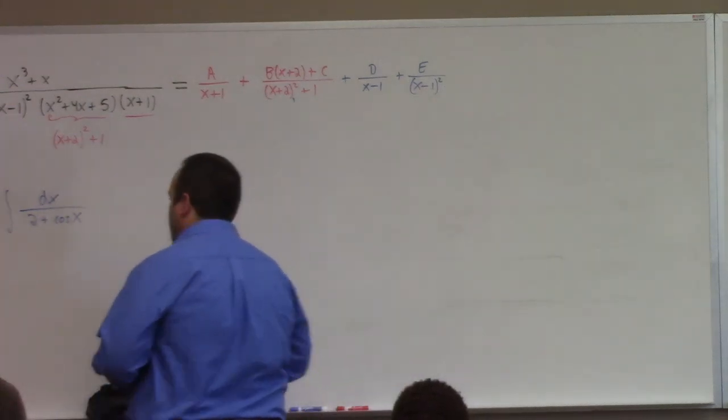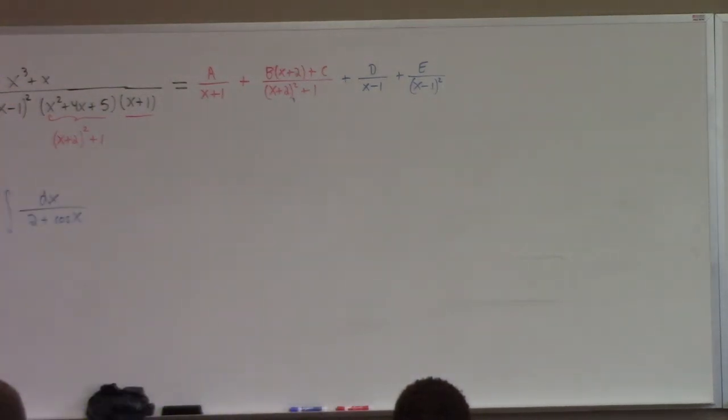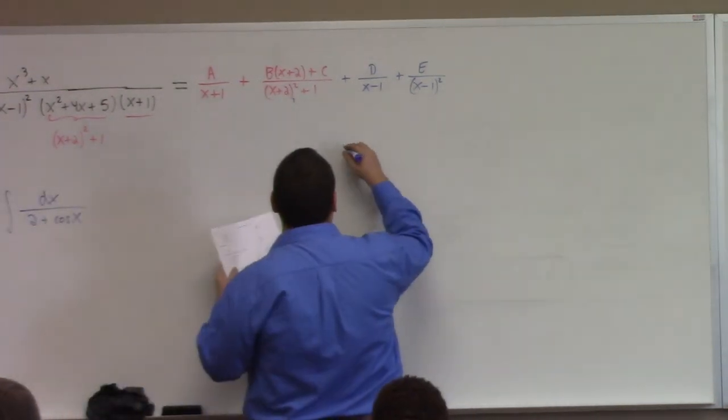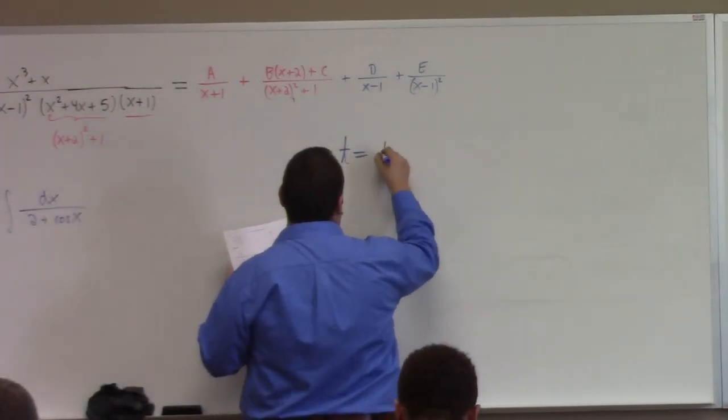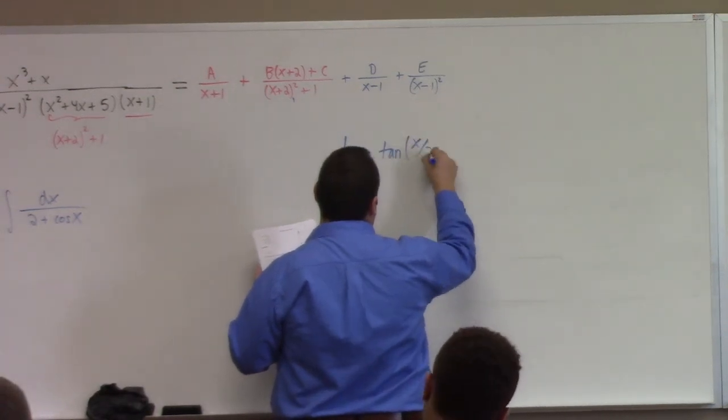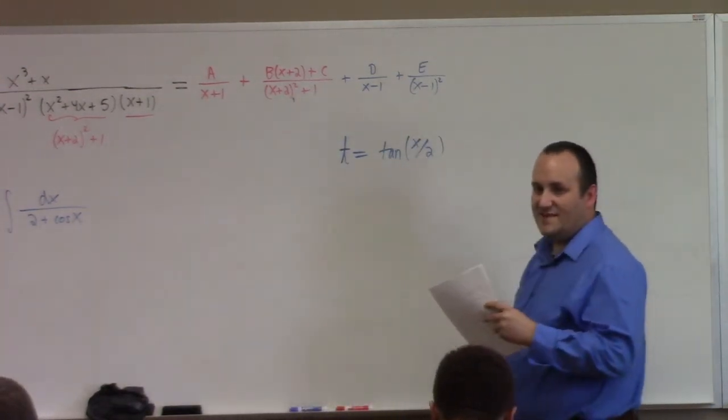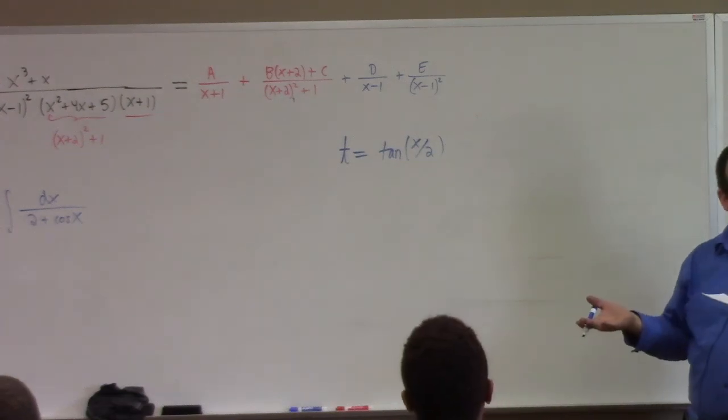But the idea of this substitution is really beautiful, at least the algebraic side of it. If you let t equal the tangent of x over 2, which is bizarre, right?